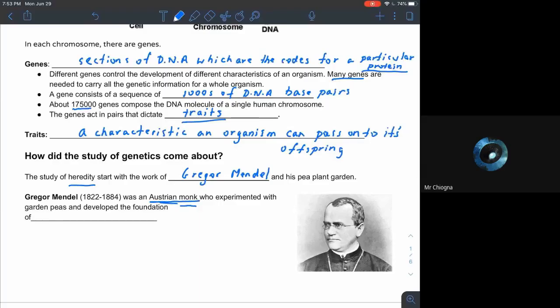He was the founder of genetics, and he was another example of one of the founding scientists who was from a religious order. There are quite a few of them. We don't hear about it, but the fact is, if anyone says that there's a conflict between science and religion, many of the pioneers had either a religious background or were some sort of priest or monk, in this case. So he developed the foundation of genetics.